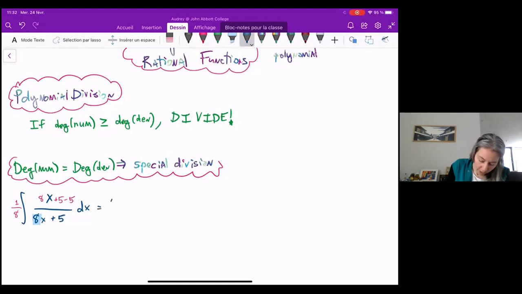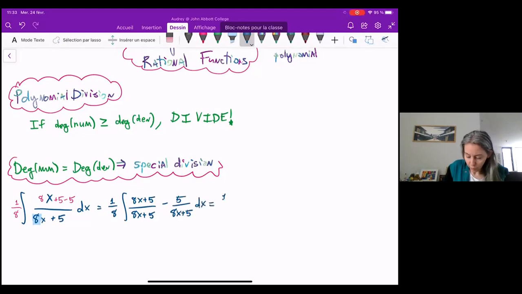So what I end up with here is 1 over 8, 8x plus 5 over 8x plus 5, minus 5 over 8x plus 5, which results in 1 over 8, 1 minus 5 over 8x plus 5 dx. Now, both of these are known forms. We can easily just take the integral.